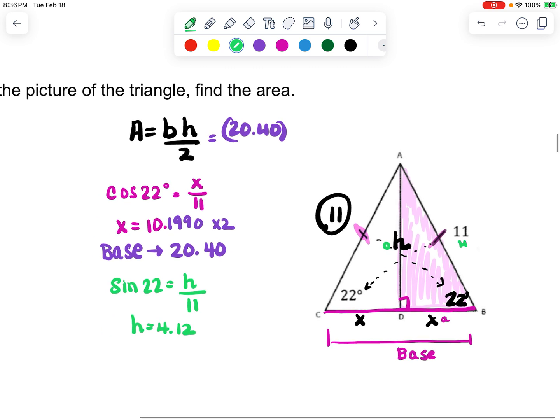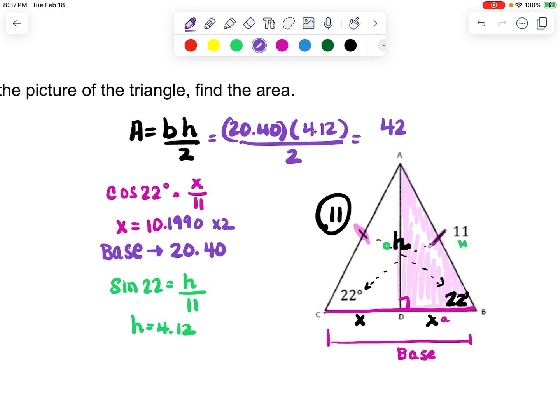So I'll put that in my formula. 4.12 divided by 2. Okay. 20.40 times 4.12 divided by 2. And I get my area is going to be 42.02. And we're done with that one.